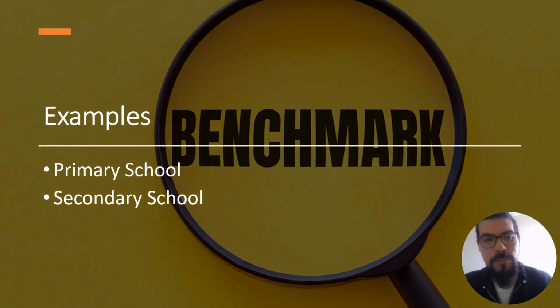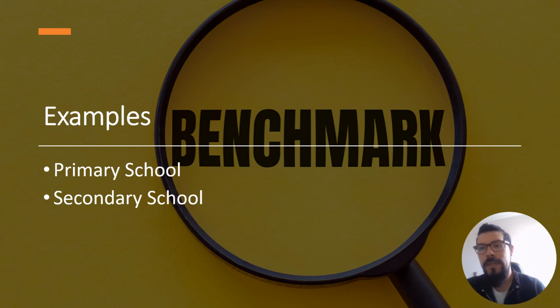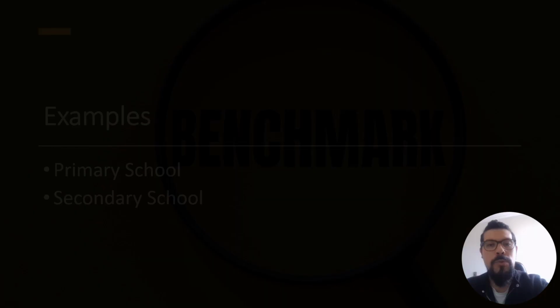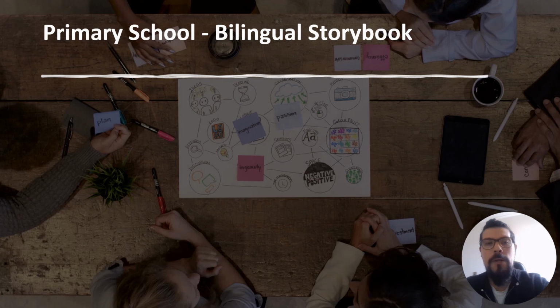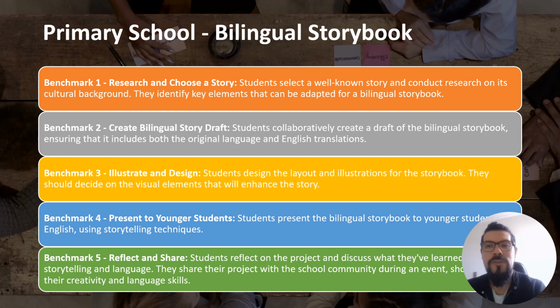Now I'll give you some examples of benchmarks for both primary school and secondary school. I will take two examples that were given before. For primary school, when building a bilingual storybook, I'm going to list some benchmarks that students could complete, checkpoints, different moments where the teacher can see how well they are progressing and give feedback, of course.